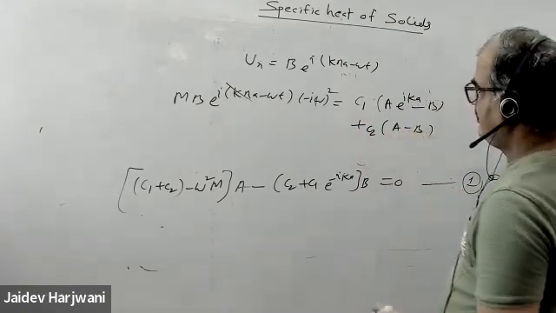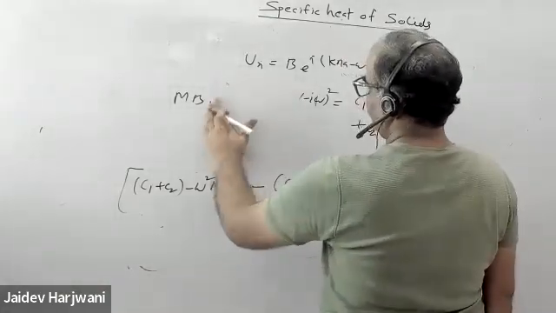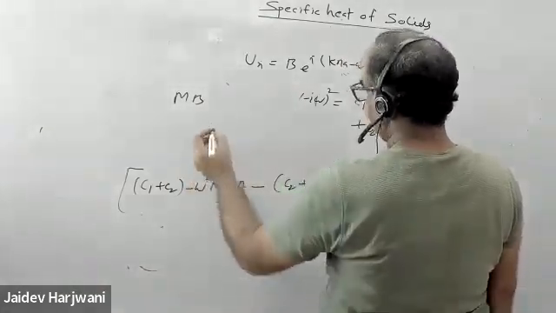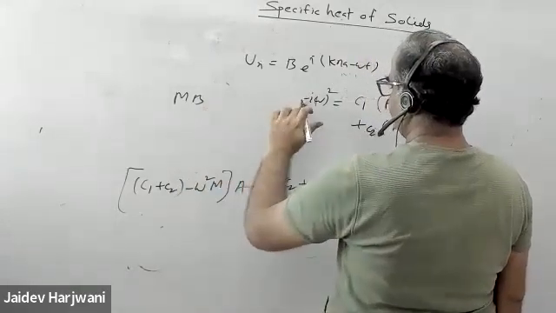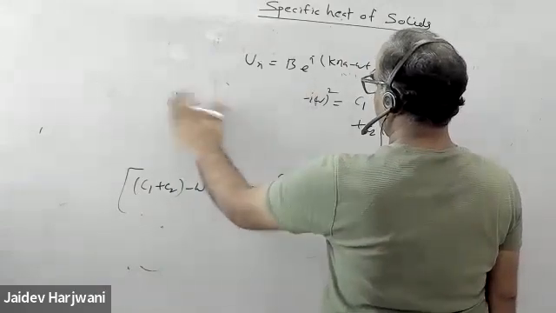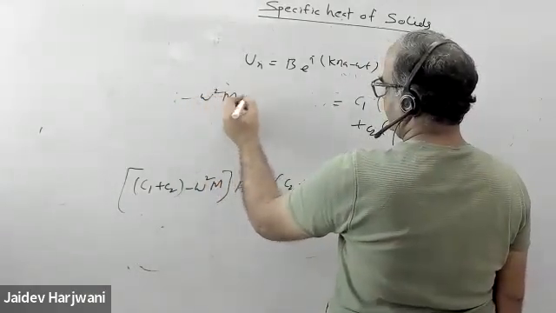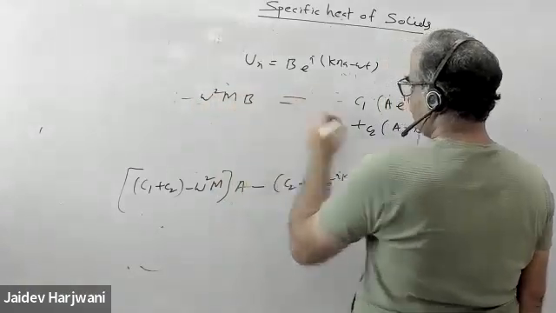If I solve, this term will cancel. So it will come now minus ω² m b equal to this one.